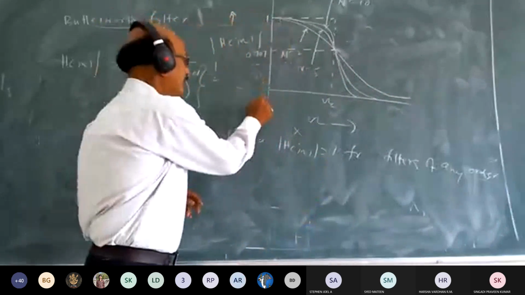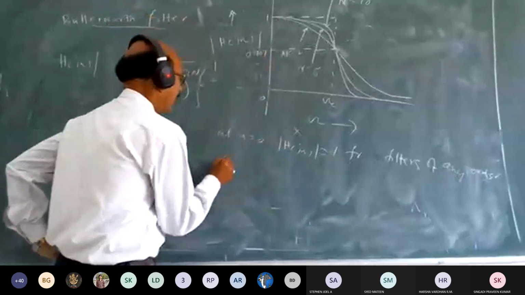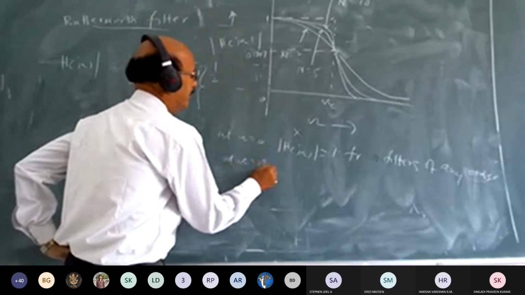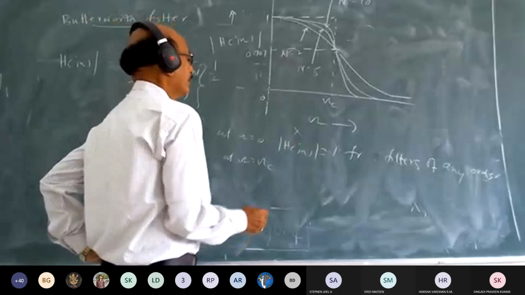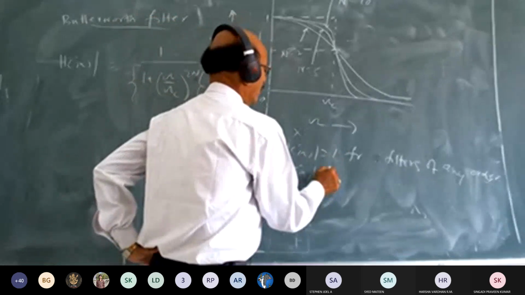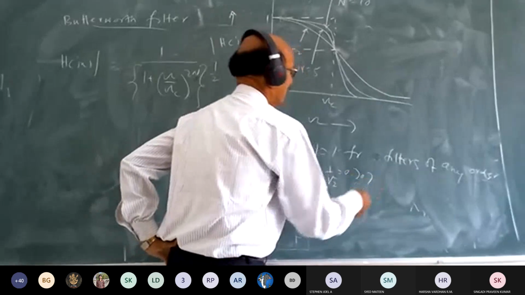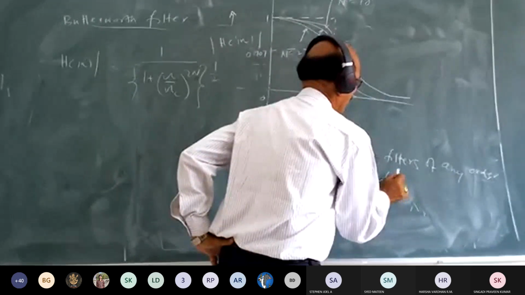At omega equal to omega c, the magnitude of H of j omega is equal to 1 by root 2, that is 0.707, for all filters.